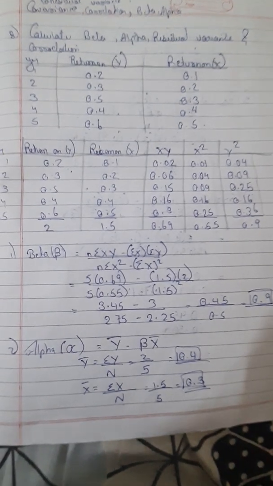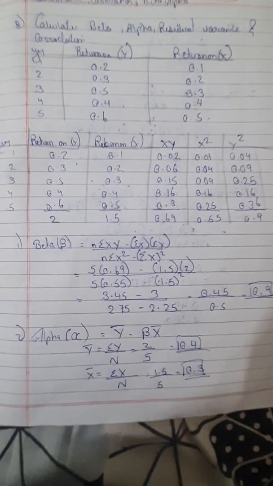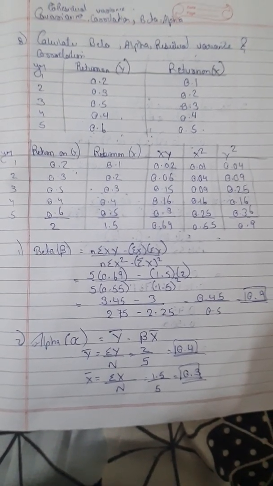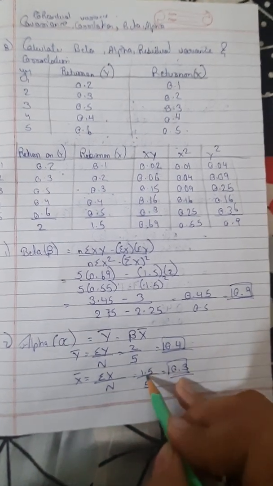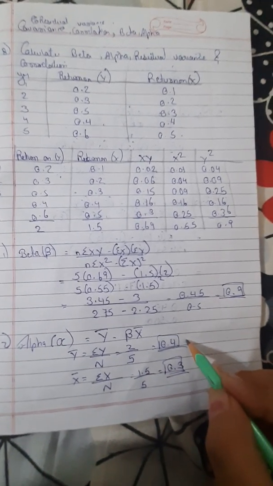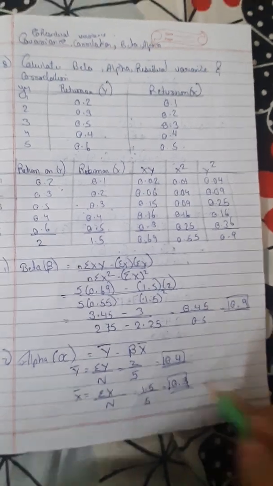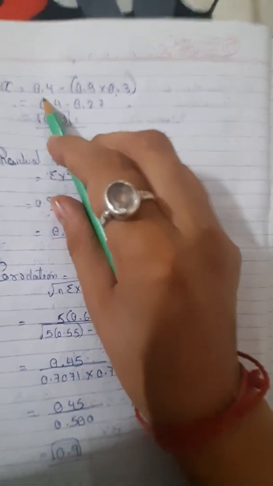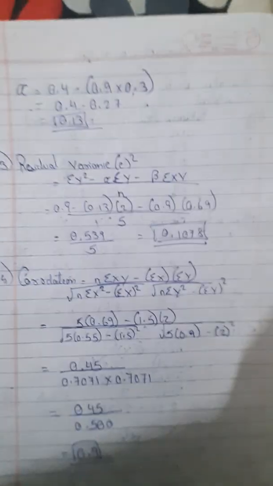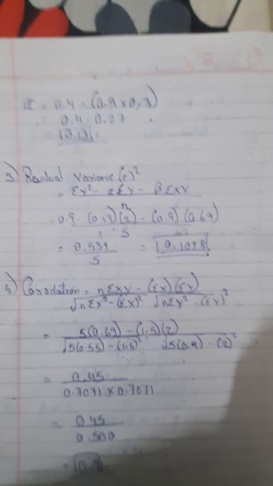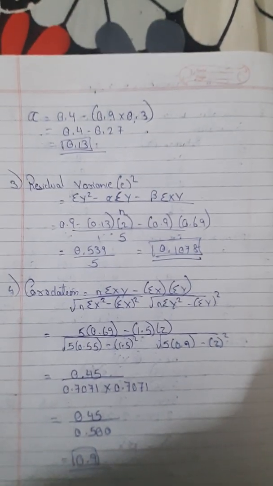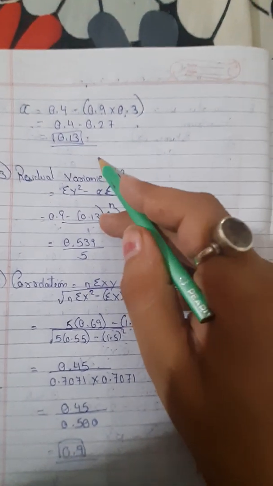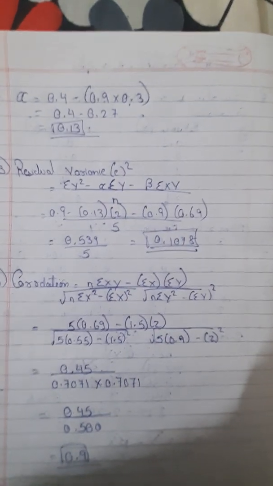Right. N is 5, similar for both. Sigma y is 2 and sigma x is 1.5. Hence, y bar is 0.4 and x bar is 0.3. For alpha, y bar minus beta into x bar, right, which will give out 0.13 as answer.